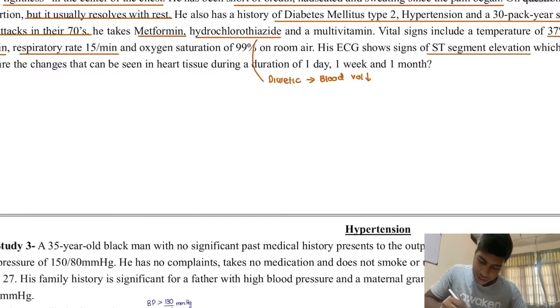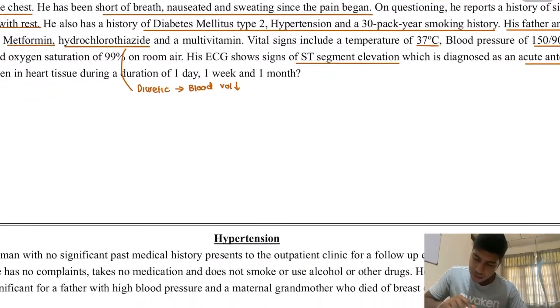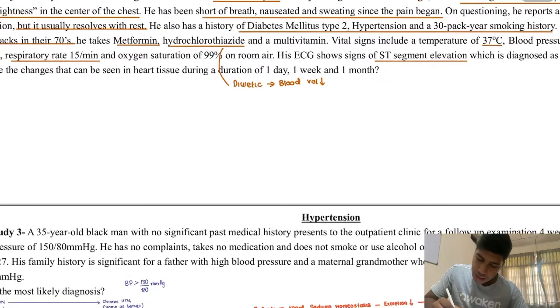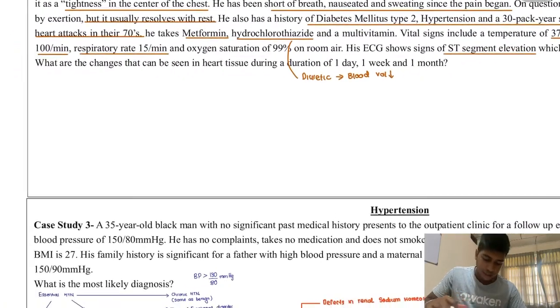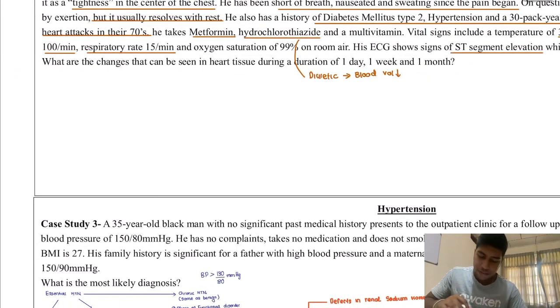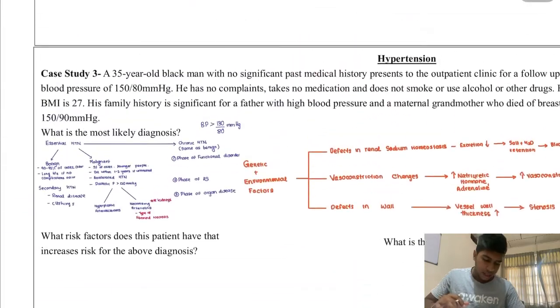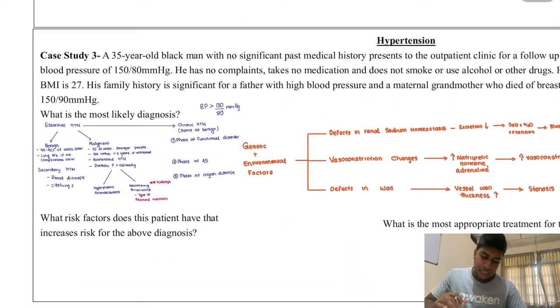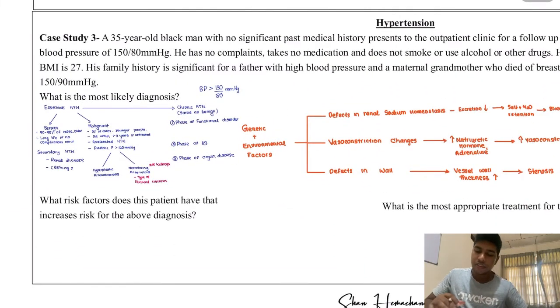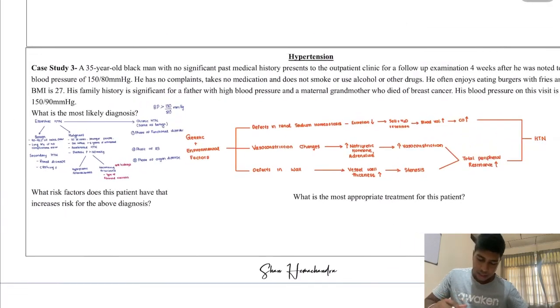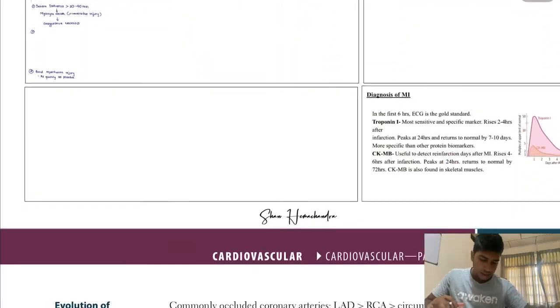ST elevation, which is diagnosed as an acute anterior wall myocardial infarction. I actually gave the diagnosis. We had to find the diagnosis, but what are the changes that can be seen in heart tissue during a day, a week and a month? I will explain all that here. I just wanted to go through the case.